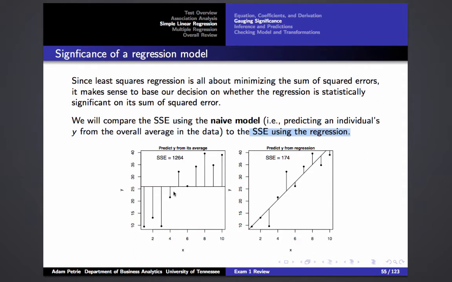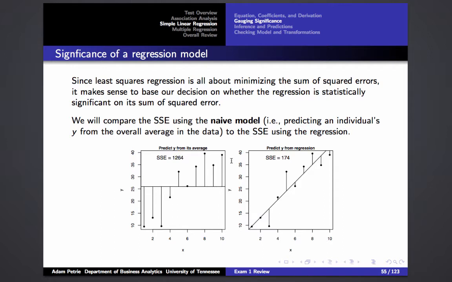And if we calculate the sum of squared errors, basically look at the distance between this line and the point, square up that distance to get the squared error, sum them all up, here would be the sum of squared errors from the naive model. The regression line, well, we find the line that minimizes the sum of squared errors. Its sum of squared errors is 174. And so what we see is that the sum of squared errors has been reduced actually by a substantial amount.